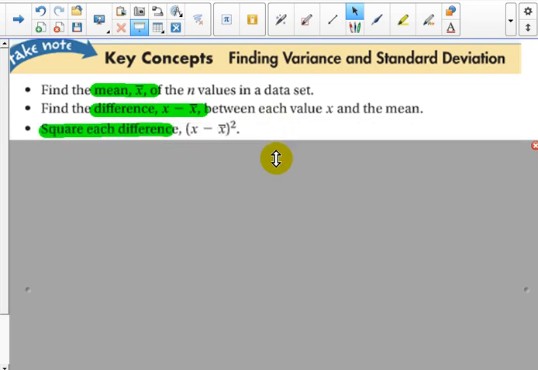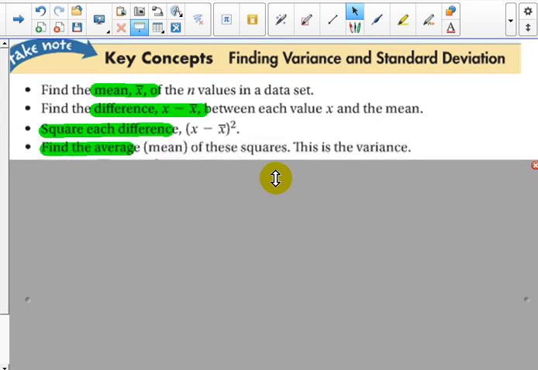Next, you're going to square each one of those differences, and then you're going to find the average of these squares. That is called your variance. So it's the average of all the movement away from the mean of all the data values in a set.